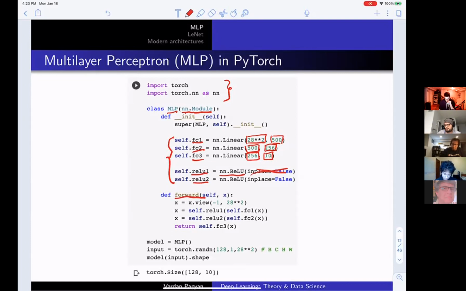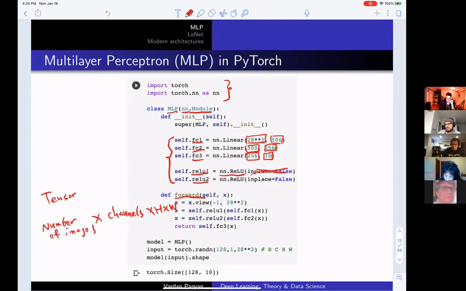First of all, an input X is usually a tensor of size number of images times number of channels times height times width. What does this mean?